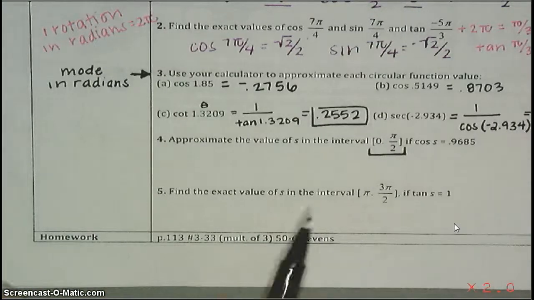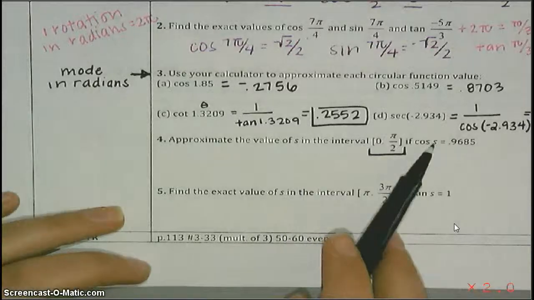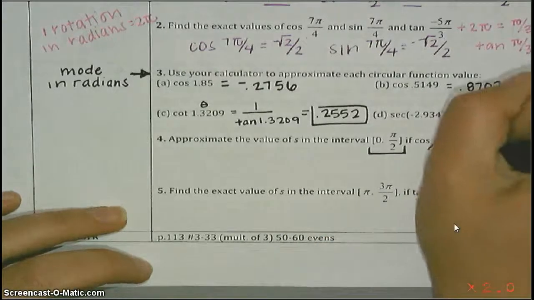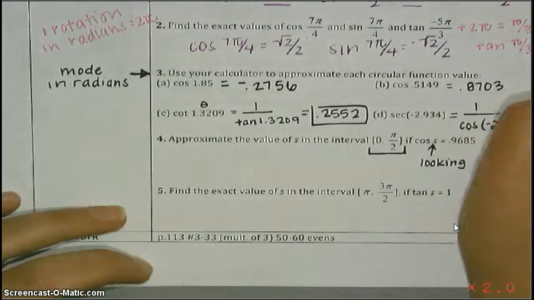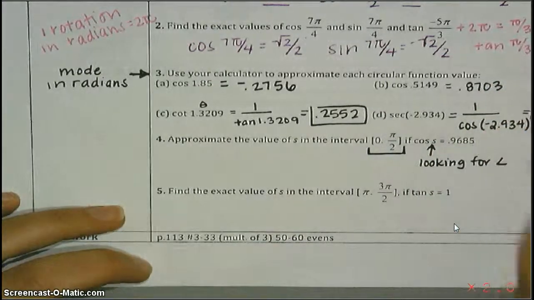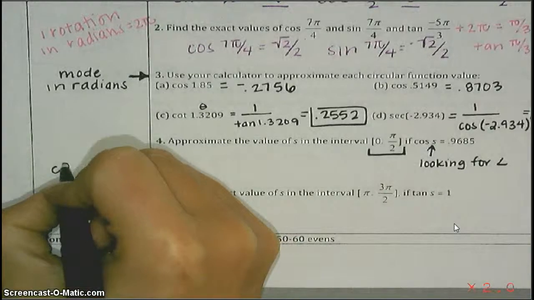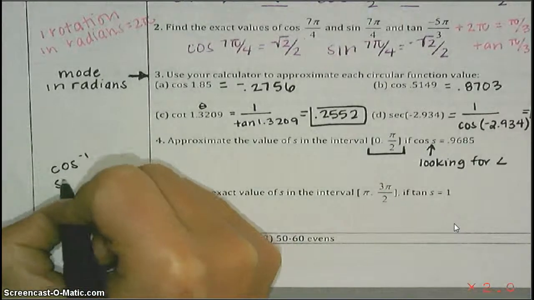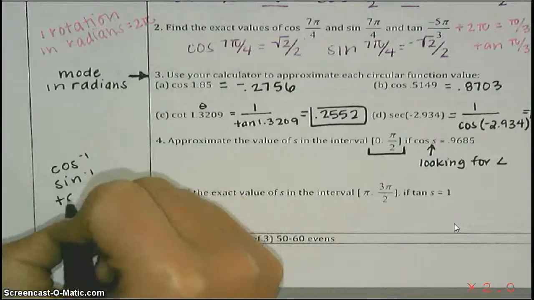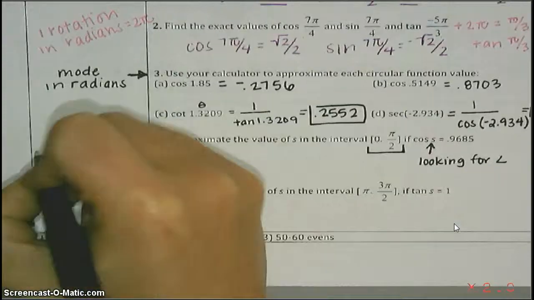Here we're approximating the value of s, which you might notice is the angle. So we're looking for the angle. And you might remember when you were looking for the angle that you were going to use the cosine inverse button, sine inverse, tangent inverse.